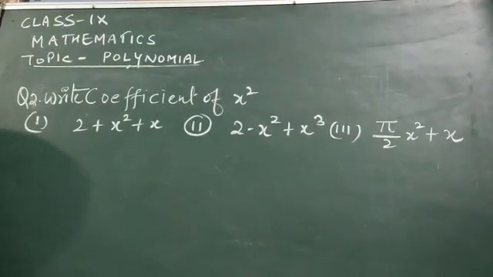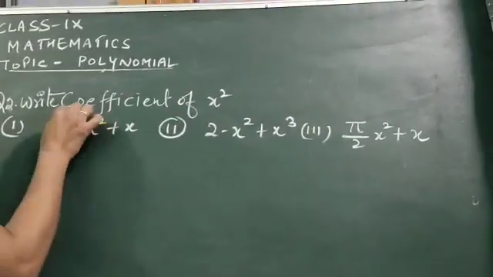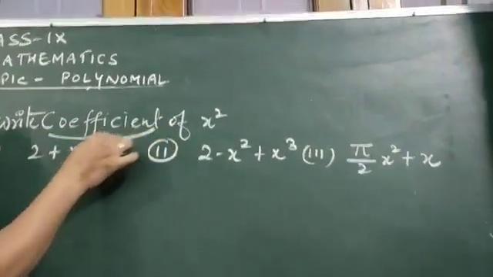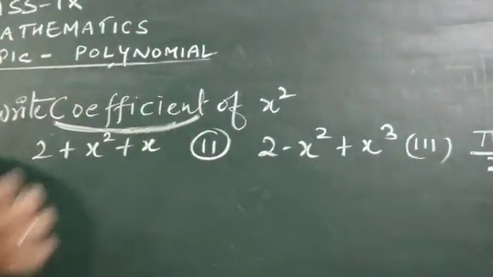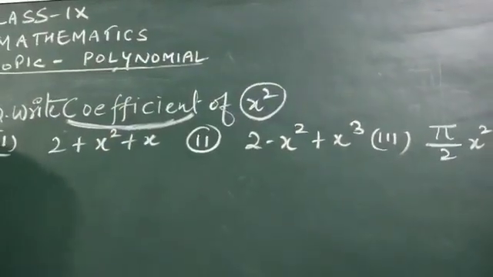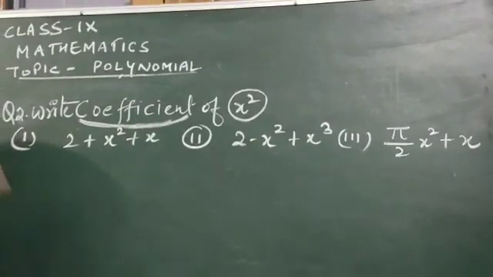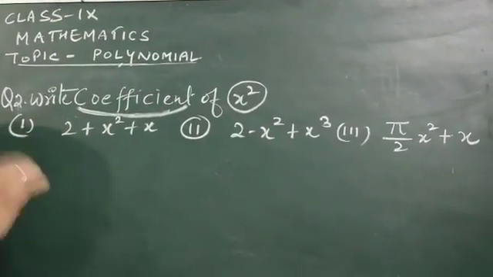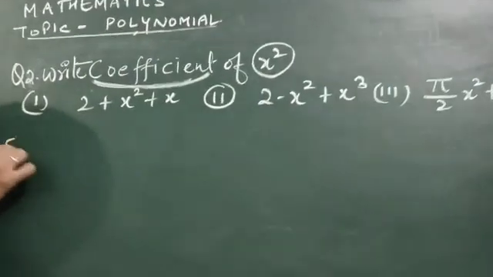Student, we will cover some more NCERT questions, and you have one term, coefficient. Then you will understand what is coefficient. First of all, the coefficient of x square. Coefficient is the numerical value which is multiplied with the variable. Just we will solve it in this question.